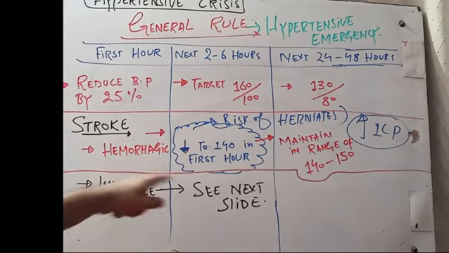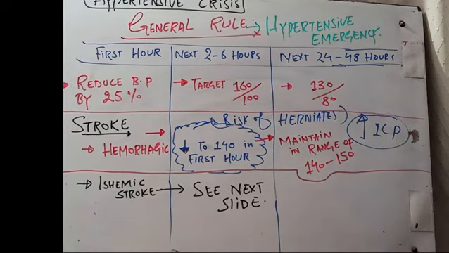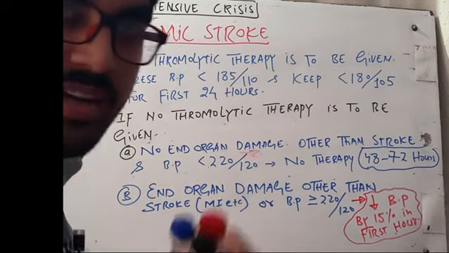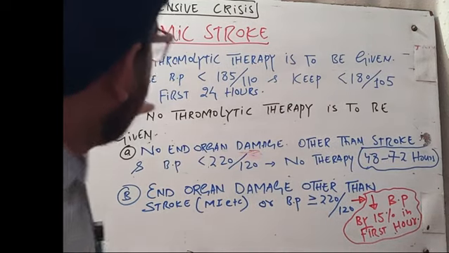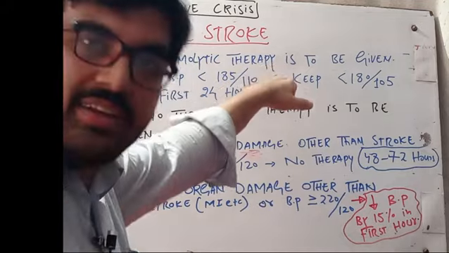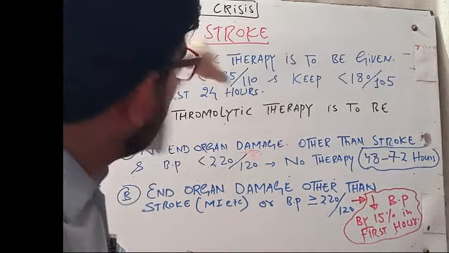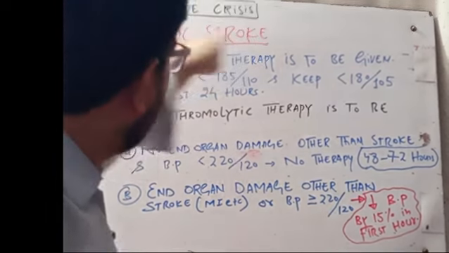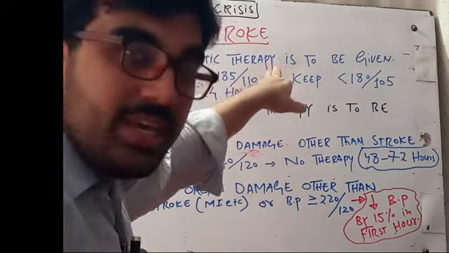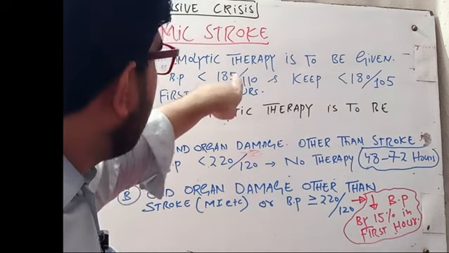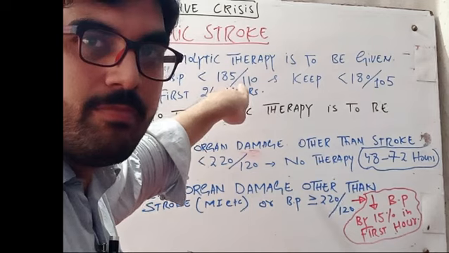For ischemic stroke, we are coming toward that topic. So coming toward ischemic stroke, this is a little bit tricky. If thrombolytic therapy is indicated, a patient is having high BP and ischemic stroke, and this is end organ damage. If thrombolytic therapy is to be given, decrease the BP to less than 185 by 110.